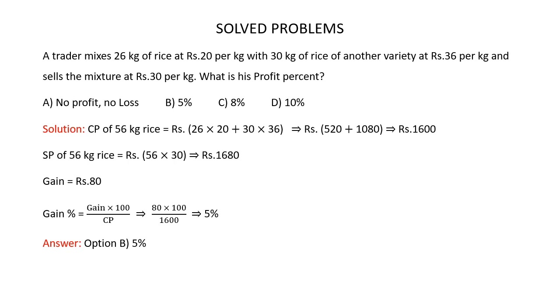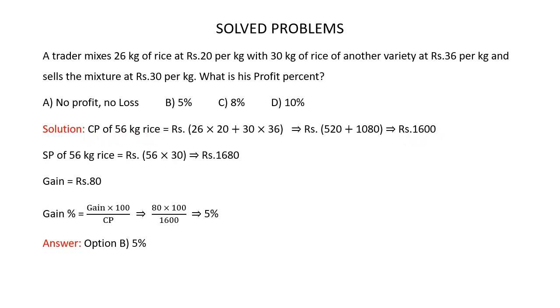Now it's given that the trader sells the mixture at rupees 30 per kg. That is, the trader sells 56 kgs of rice at rupees 30 per kg. So the selling price of 56 kg of rice is rupees 56 multiplied by 30, which is rupees 1680. So selling price of 56 kg rice is rupees 1680 and cost price of 56 kg rice is rupees 1600.